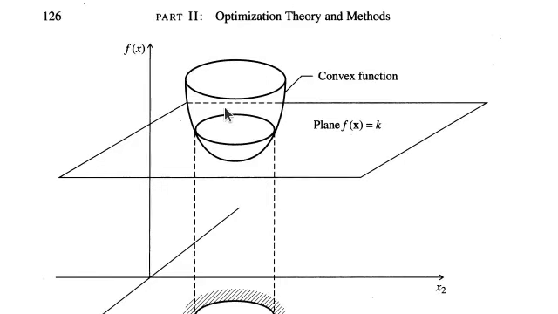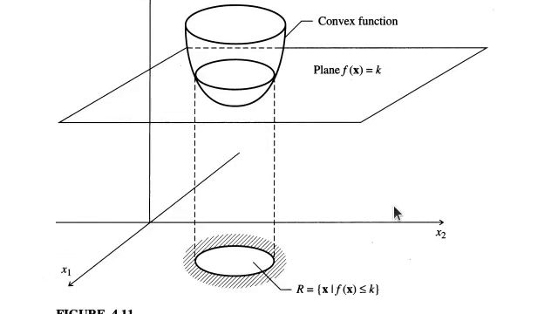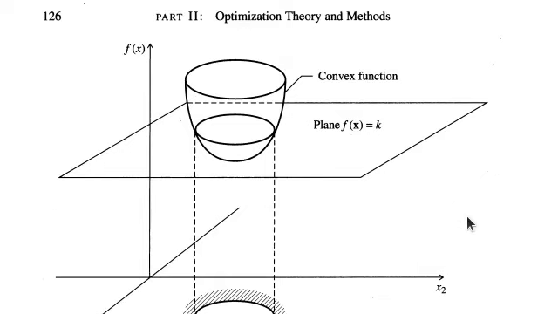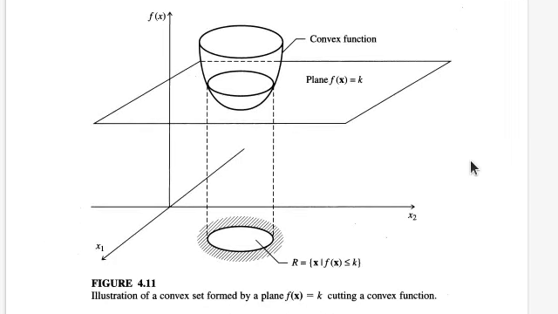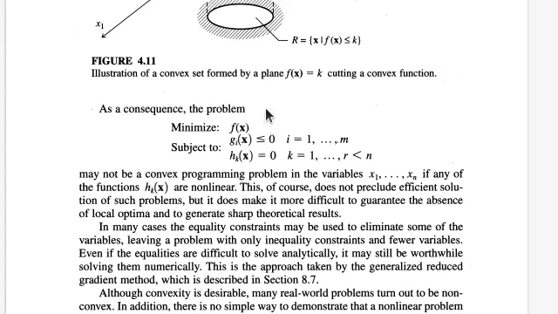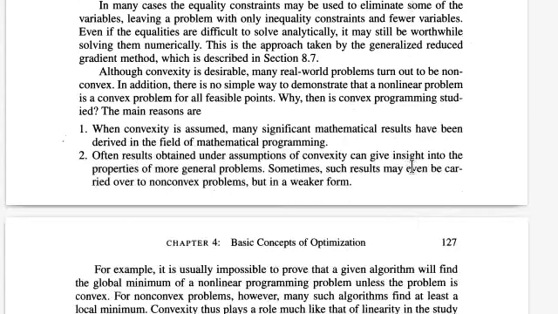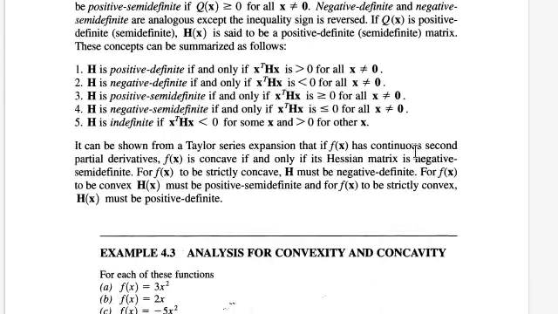Now you can come to multivariable functions also. So you will have to draw it in a 3D space like this, as you can see. Then here you will define a convex function like this. It will go like this, a bowl type thing will be there. So this is a convex function, and mathematically you can define it.